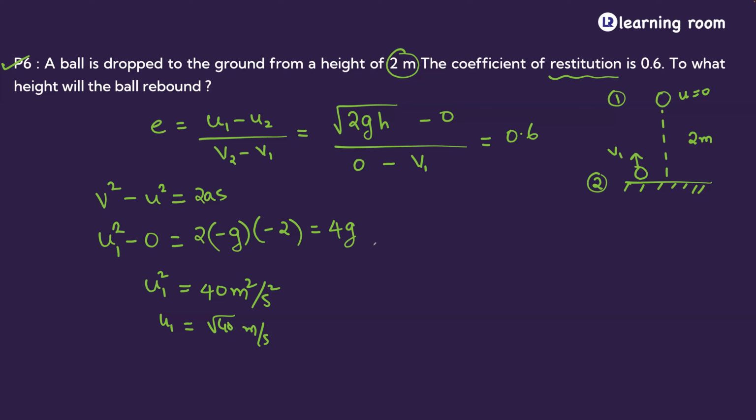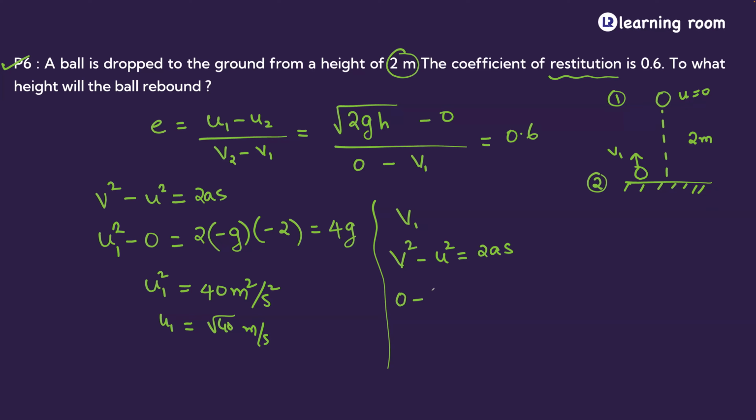Right. So after you calculate the value of v1, you need to apply v square minus u square is equal to 2as. So this v will be equal to 0 for the upward journey. So 0 minus u square. I told you the velocity attained by the particle after collision will start acting as the initial velocity for the upward journey.